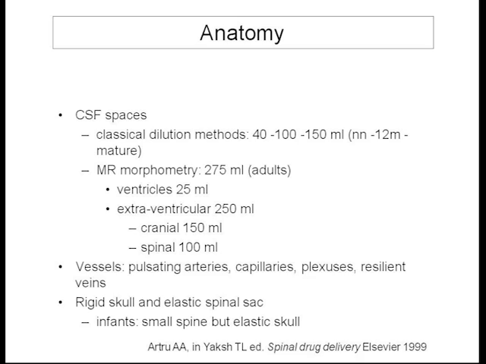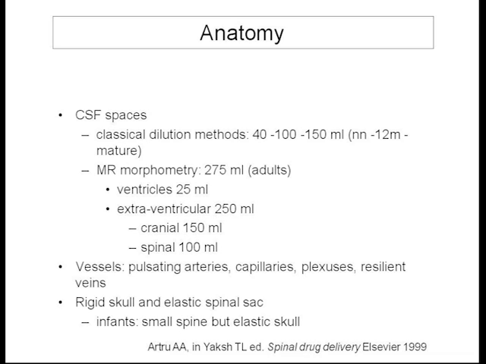The ventricles are 25 milliliters. We knew that for a long time. But that means that outside you have 250 milliliters, including 150 milliliters which are extraventricular in the skull. And this means what? That means that you can expand the ventricles without compressing the brain by 150 milliliters, basically.